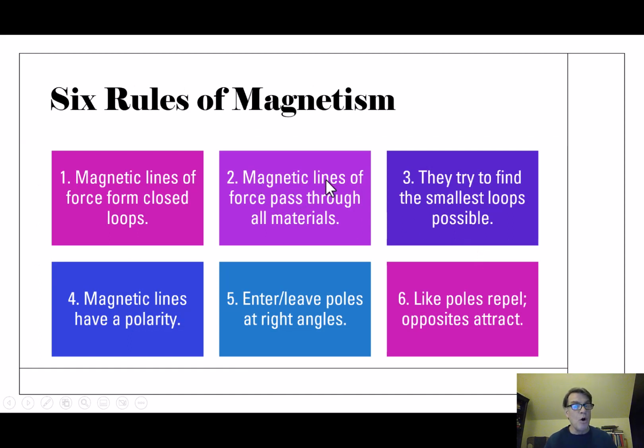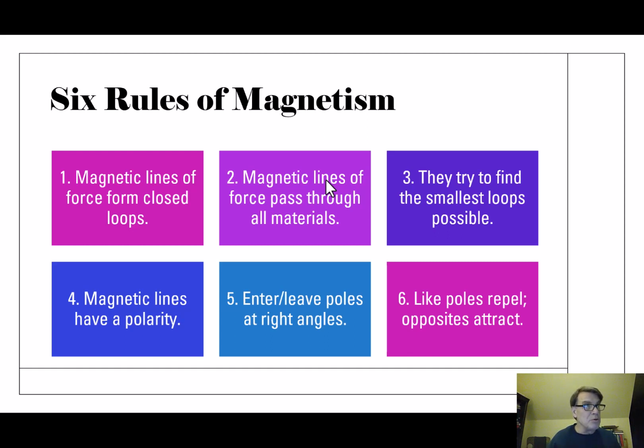They pass through all materials. So it's like they pass through your hand. This is why we can use, for example, magnetic resonance spectrography, I think it is, to look inside you, because the magnetic field goes inside.